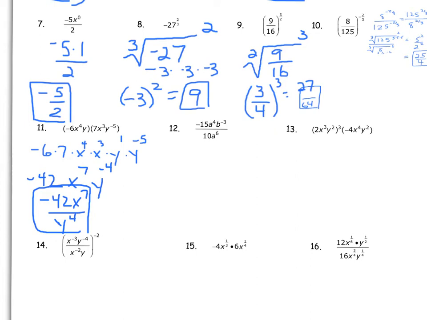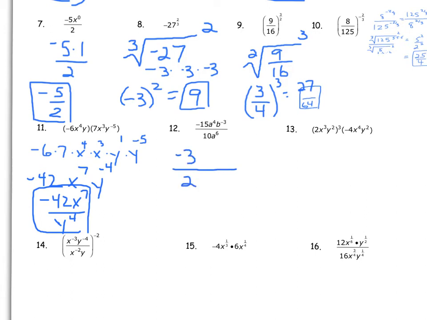On to number 12. Again, coefficients are going to work as the fractions they are. They're going to reduce. The exponent powers, where you've got your like bases here and here, that's going to be your quotient rule, and they're going to subtract. And then we also have the negative exponent, where we're going to have to move that for a positive. So first thing, reducing the coefficients, they both divide by 5. So there'd be a -3 halves.